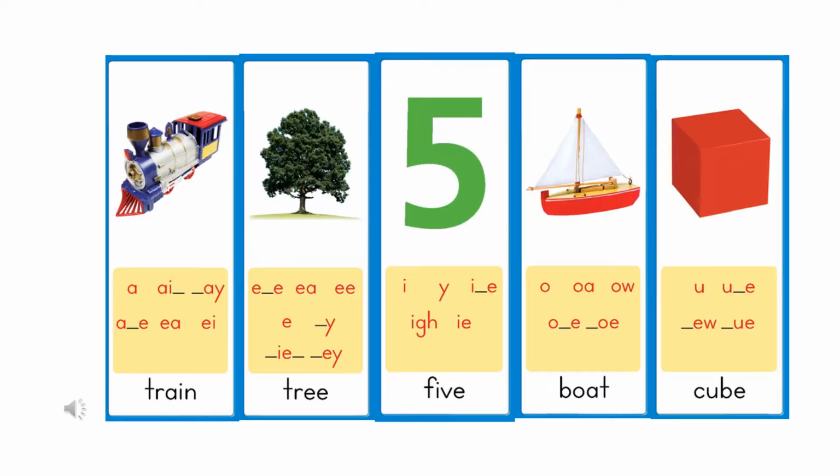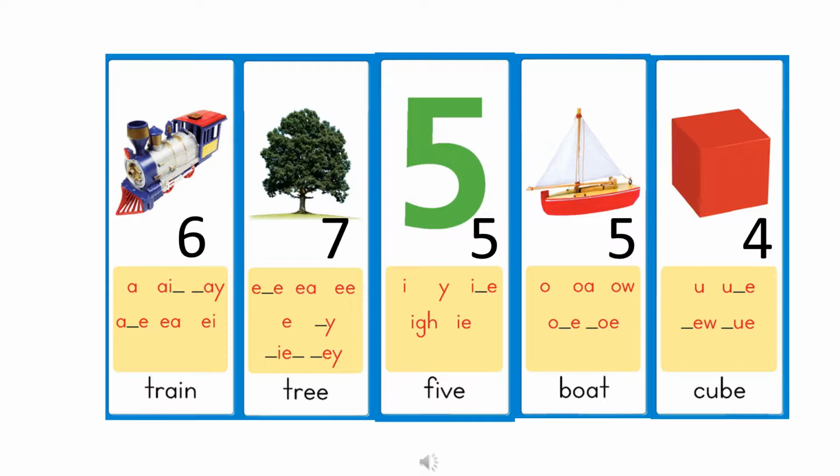Here are the 5 sound spelling cards for the 5 long vowels in English: A, E, I, O, U. If we count the spelling patterns on each of these vowel cards, we will find out that there are 6 common ways to spell the long A sound, 7 ways to spell the long E sound, 5 ways to spell the long I sound, 5 ways to spell the long O sound, and 4 different ways to spell the long U sound.